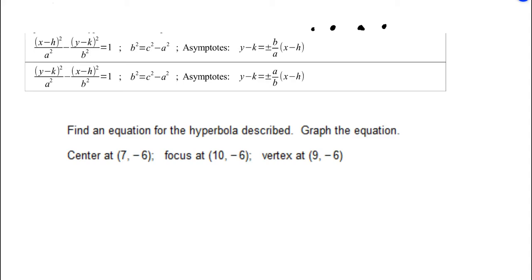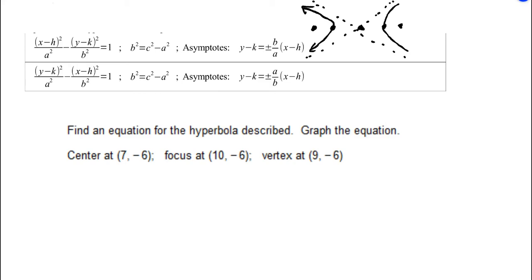A distance of c to the left and right of the center, you would have your foci. Then you draw asymptotes using rise over run, with a and b as your slope. That helps define where to draw your hyperbola.